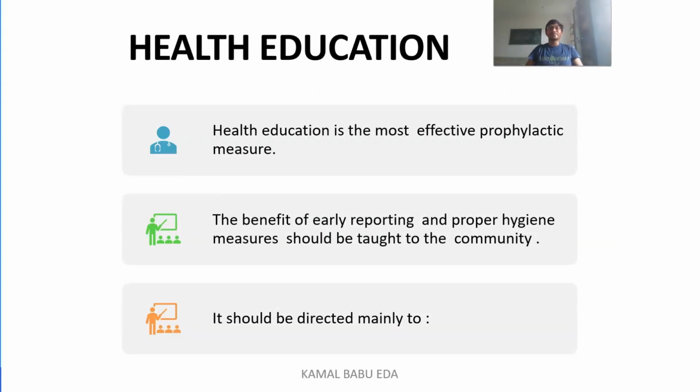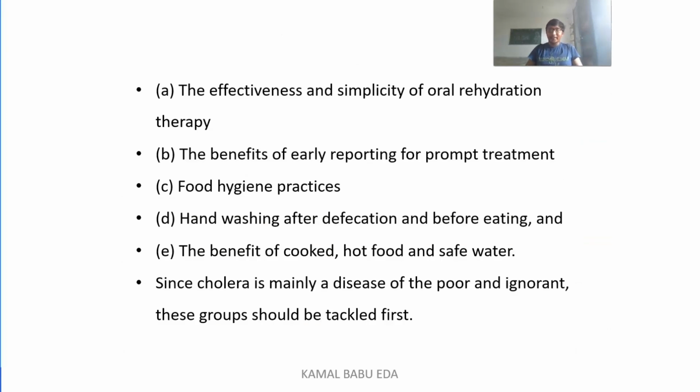Coming to health education. Health education is the most effective prophylactic measure, and we have to educate the patient on the benefit of early reporting of cases and maintaining proper hygiene. All these things should be taught to the community, and the health education is directed to the effectiveness and simplicity of oral rehydration therapy, the benefits of early reporting of the disease and prompt treatment, what food hygiene practices they have to follow, the importance of hand washing after defecation and before eating, and the benefit of cooked, hot food and safe water.